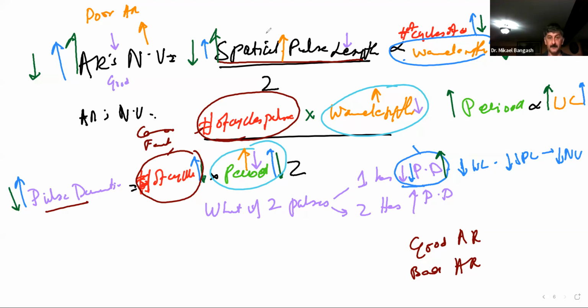But we would only have a good axial resolution if the numerical value of the axial resolution is lesser than the distance between two structures, which we're going to say are shallow and deep.